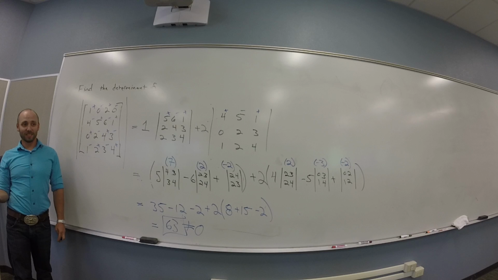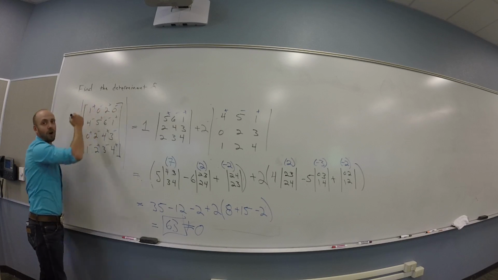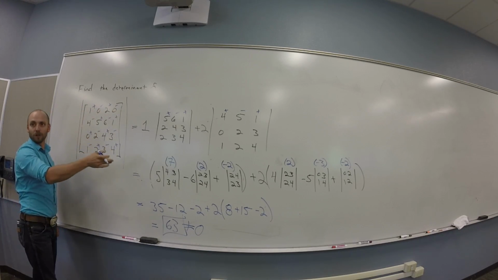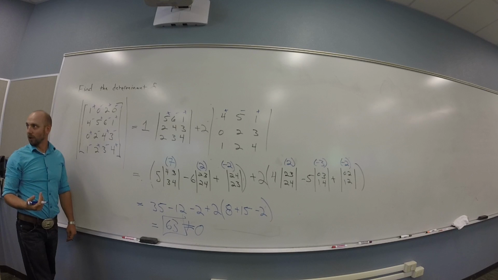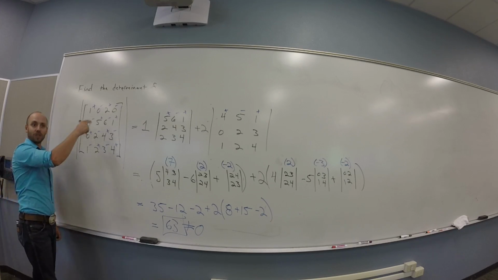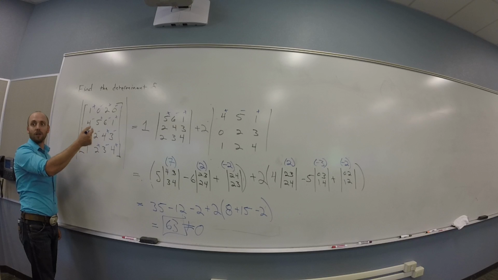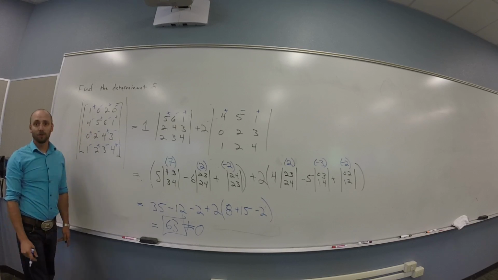And then you can do this same thing with any row or column that you want. I showed you how to do this using the first row. You cover up the row and column the first things in, and then the second things in, and you associate with them their signs. You can do the same thing with any of the rows or columns, it'll give you the same answer.